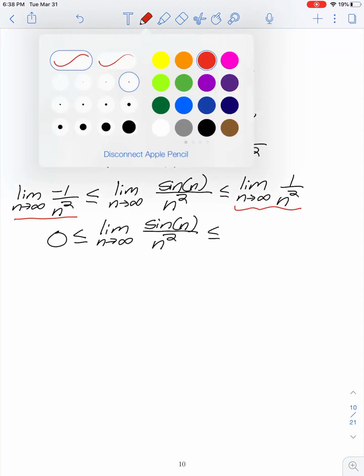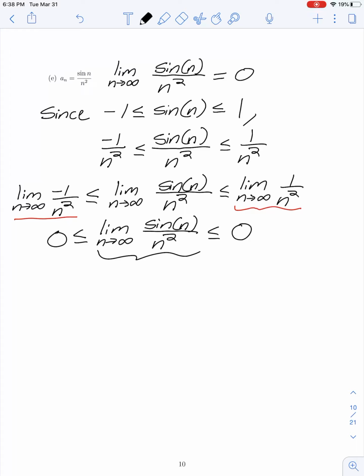Now, for 1 over n squared, as n becomes larger and larger, our values are approaching 0. So this limit that I have in the middle is both greater than or equal to 0 and less than or equal to 0. And the only way that that's possible is if this limiting value in the middle of that inequality is also equal to 0.